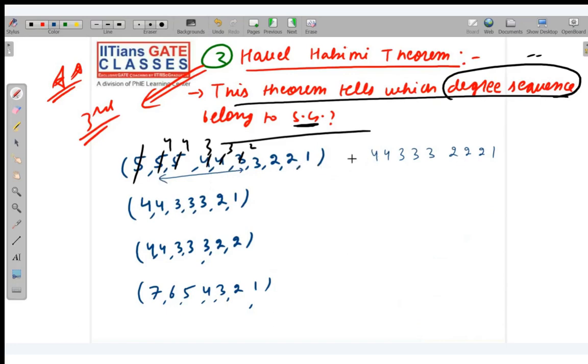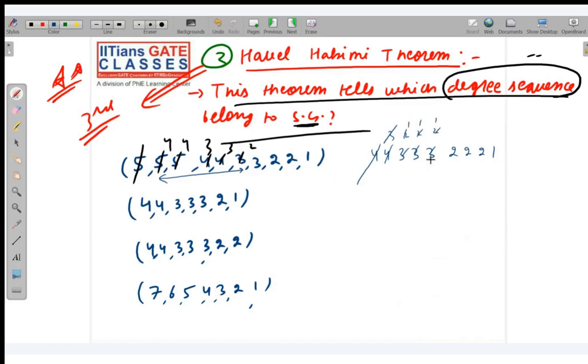Okay, so 4, 4. I think you have got it now. Here we were having 2 and here we were having 3. That was creating a problem. So first I converted it into descending order like this. Now I will cut this 4. From the subsequent 4 vertices I will subtract 1. So 3, 2, 2 and 2. Is it okay? So till now the degree sequence is proper because everything is in descending order. Now I will cut this 3 and make all these 3 as 1.